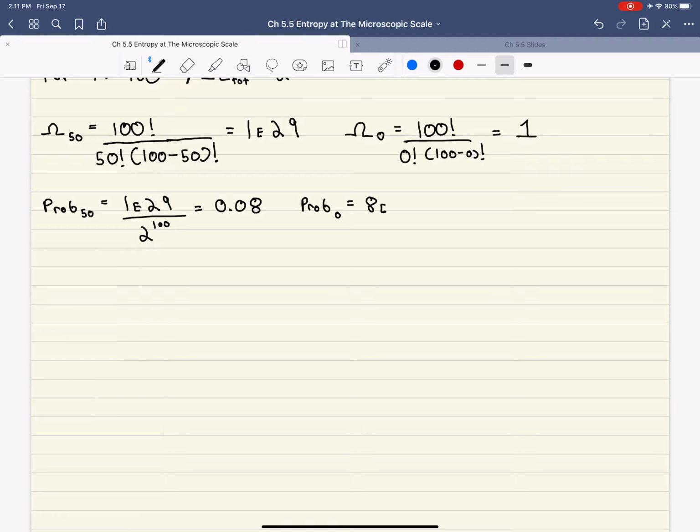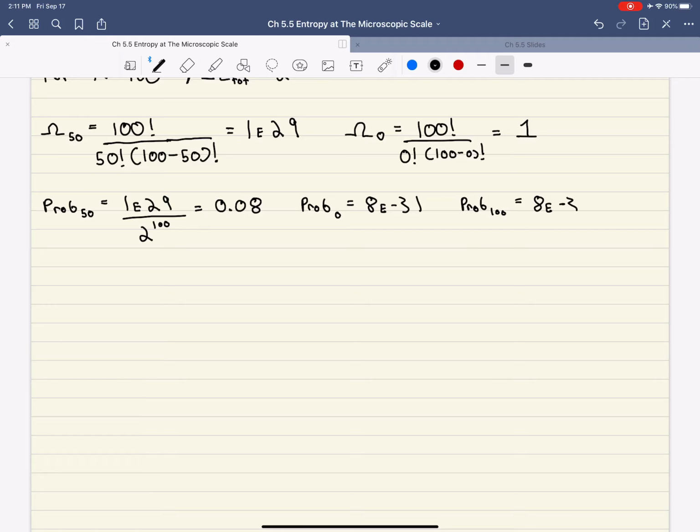The number you get there is about 8 times 10 to the negative 31, so that's a really low number. Equivalently, if you did this calculation for the case where you got all the coins face up, heads up, you would get the same number.